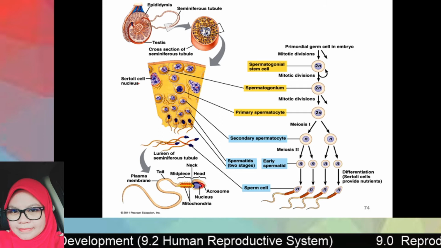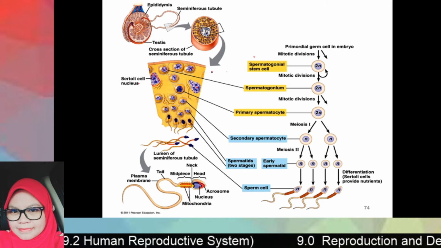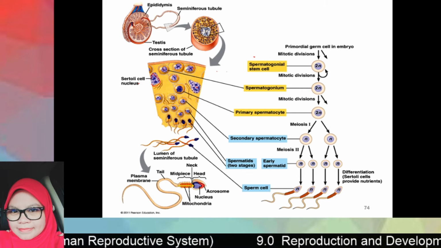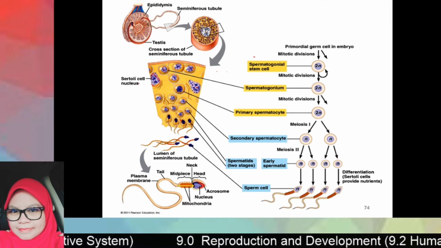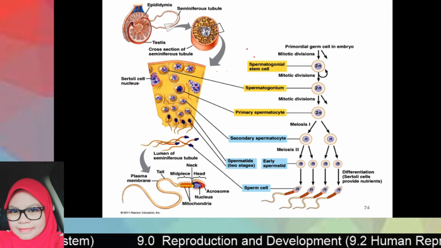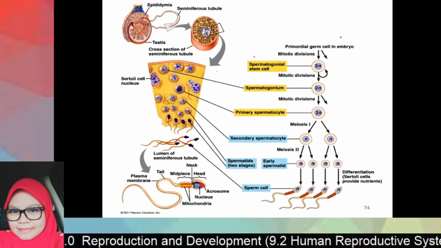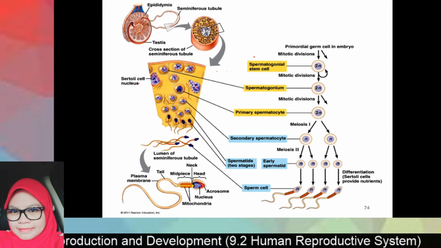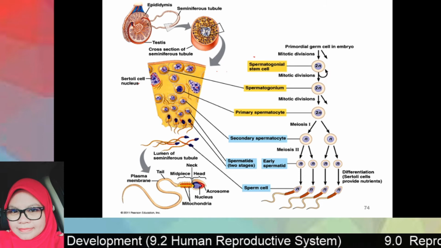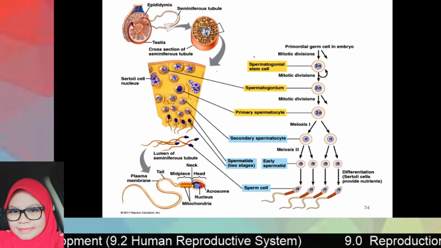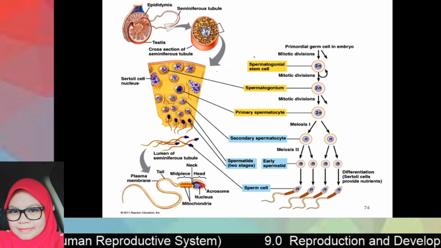And then here represents the cells in the seminiferous tubule. So the appearance is different, and the terms are different. Okay, let's start. Actually, spermatogenesis occurs during embryogenesis. It means that during the process of making the embryo, after fertilization happens and the embryo is formed, at that time the process of spermatogenesis has already begun.